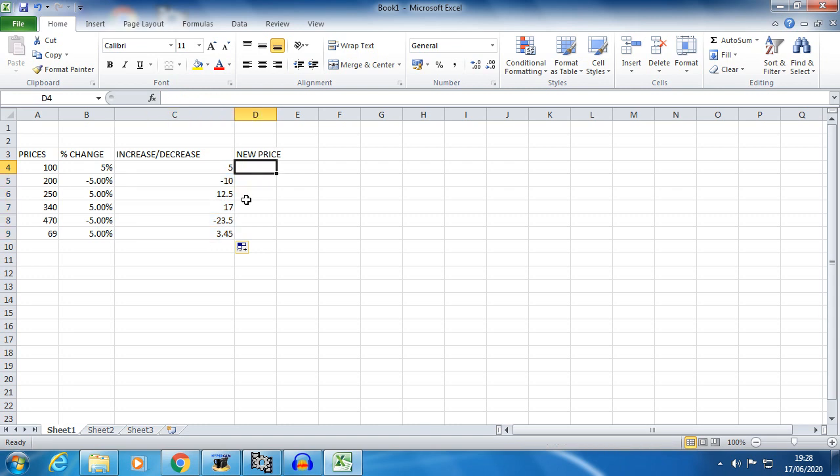So how do we calculate the new price? Well, quite easy. We know what the original price was, and we know how much we're going to increase or decrease it. So we just add them together. Now you might think, well, how can we add this on when we come to this one?